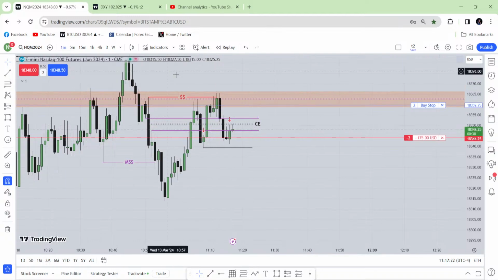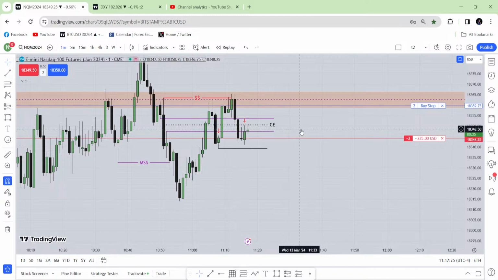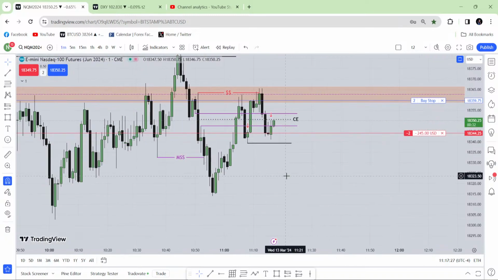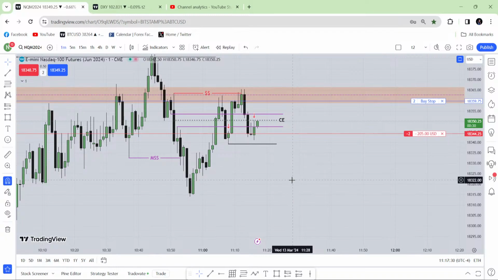I'm going to remove the order block level because I can see it with my own eyes. It should fall now. If it wants to go lower, it should fall now. No, it should not close that fair value gap perfectly. Not good at all.